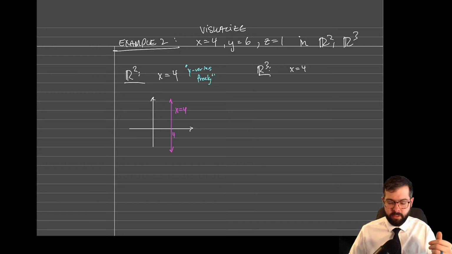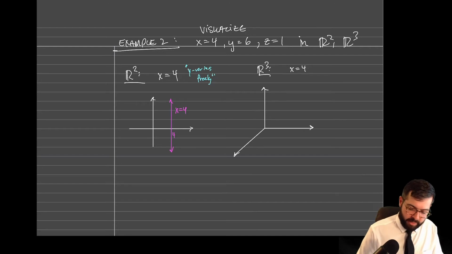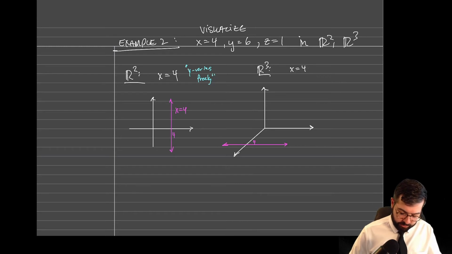Exactly right. So a line, if we add the dimension and let that variable run free, that's going to happen. So we'll have x equals 4, and y varies. And then z also varies, and so what we get is a sheet here.